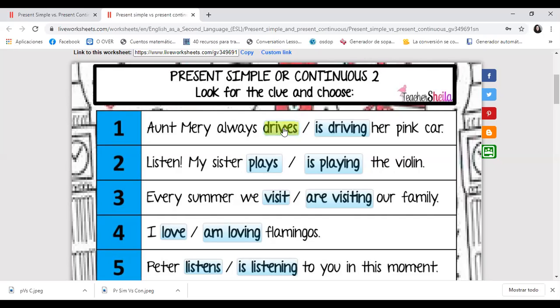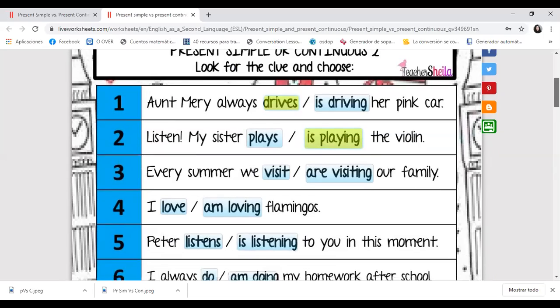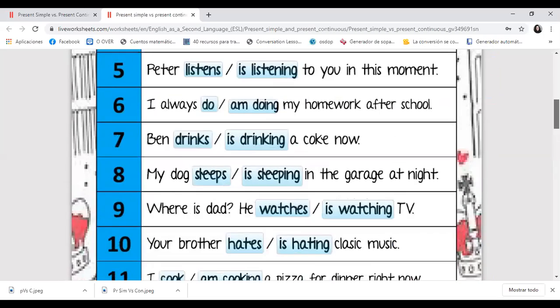So you have to click on the correct answer, for example, drives. Pay attention here. It says, listen, my sister plays the violin or is playing the violin. If I said this at the beginning of the sentence, listen, my sister plays or is playing the violin. Of course, is playing the violin. Okay, and you go on doing the rest.